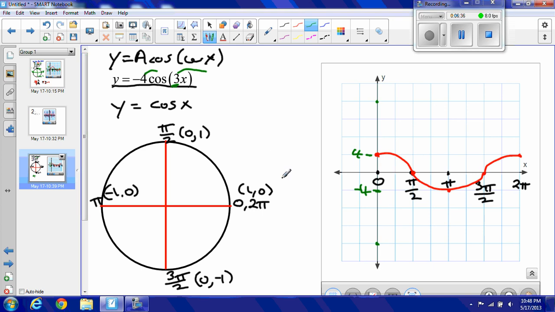Since I know that the cosine function is going to complete a full cycle in the period of 2 pi over 3, let's write that down here. 2 pi over 3. Halfway between 0 and 2 pi over 3 is pi over 3. So this would be pi over 3. Halfway between 0 and pi over 3 is pi over 6.